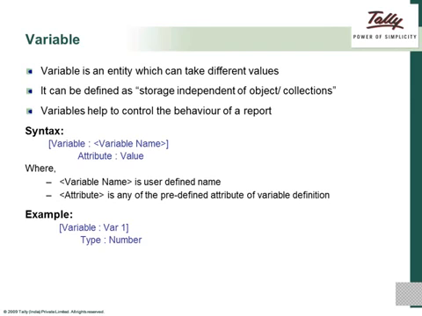So what exactly the variable definition helps me to do is create a bridge between my Tally interfaces. Now, what are the Tally interfaces we have? We have report, we have button, we have menu, we have table.